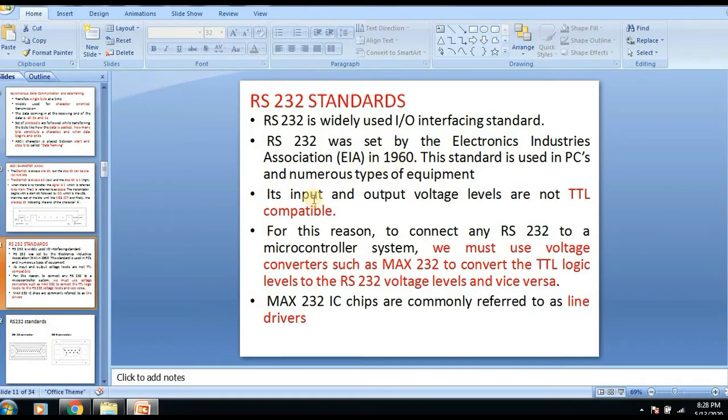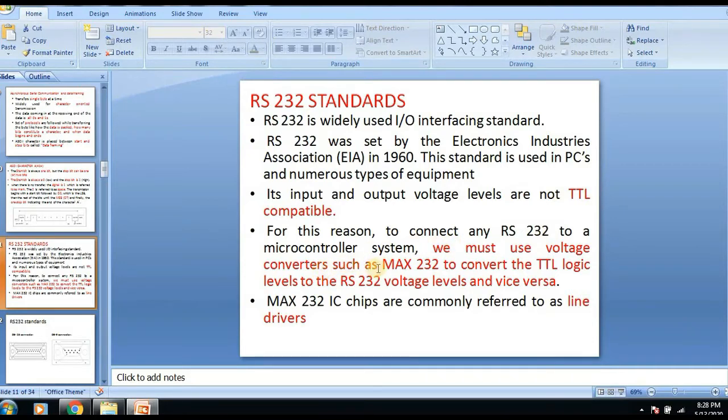In this standard, the input and output voltage levels are not TTL compatible, but today's devices all have TTL voltage levels. For this reason, to convert the RS-232 voltage levels to TTL voltage levels, we need a voltage converter.